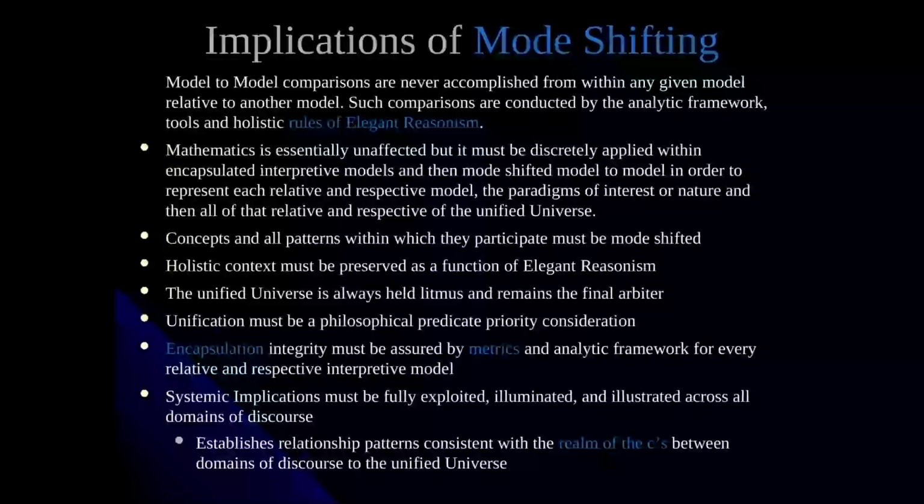And again, the mathematics doesn't really change. There's not really any new math here. It's just being applied. Domains of discourse are established for each of the interpretive models, each of the analytic layers, paradigms of interest, etc. And then some of those analytic layers are vertically oriented on that matrix, and some of them are horizontal.